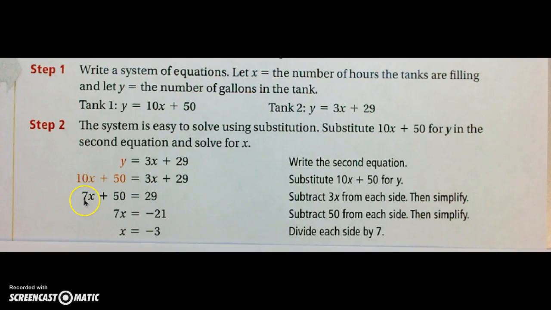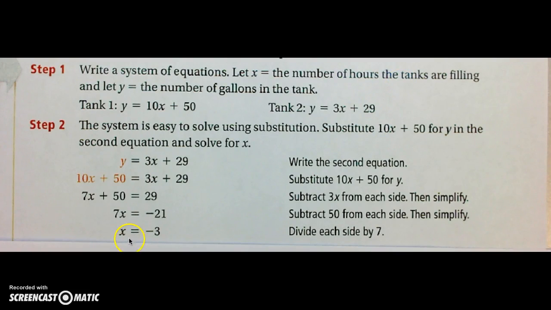So we subtract 3x from both sides, subtract 50 from both sides, and end up with negative 21. Divide by 7, and we have negative 3. And x, we need to remember, is the number of hours the tanks are filling.